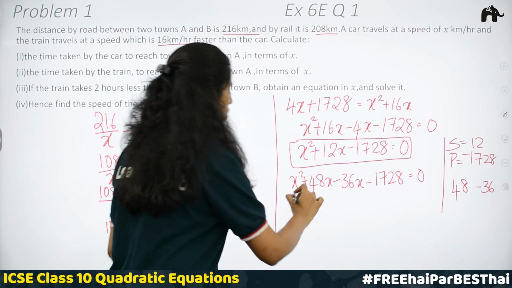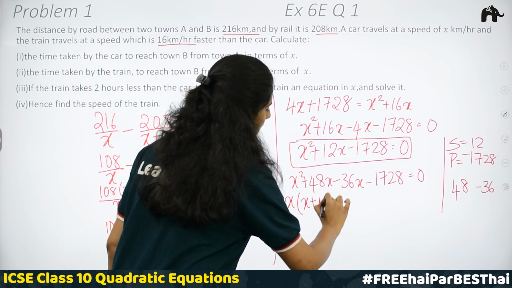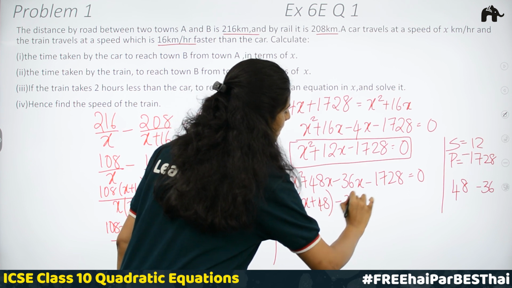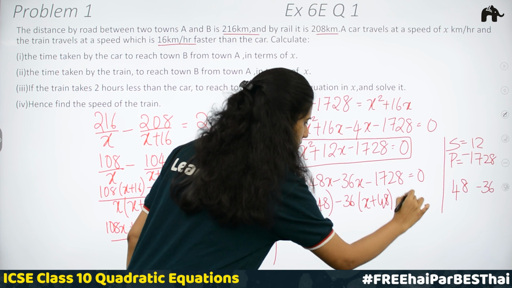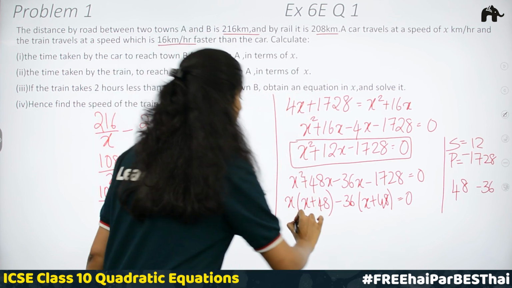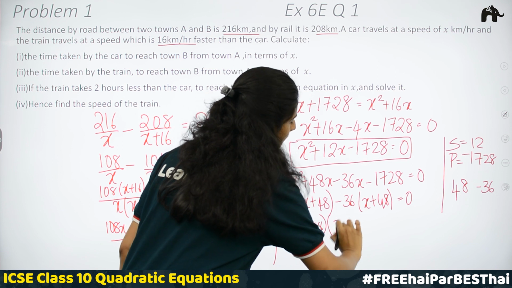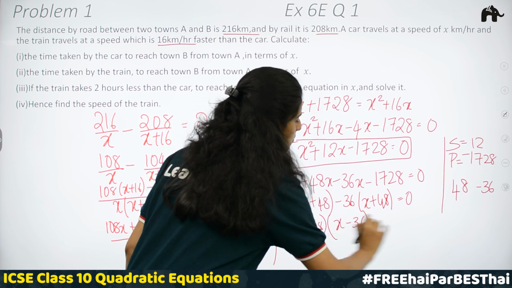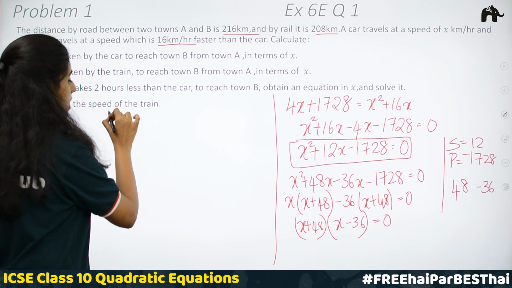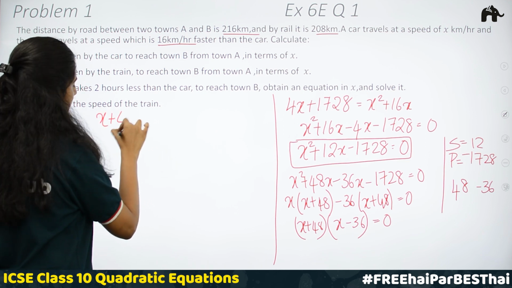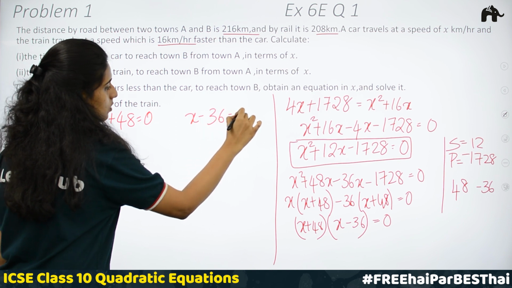Next, taking common, x into x plus 48 minus 36 into x plus 48 is equal to 0. x plus 48 is common, taking out, x minus 36 remaining, that is equal to 0. Next, applying zero product rule, either x plus 48 is equal to 0 or x minus 36 is equal to 0.